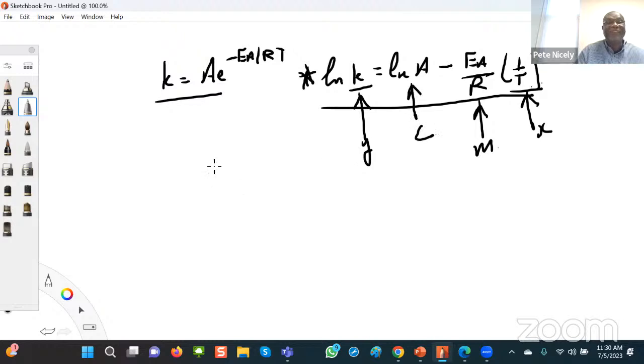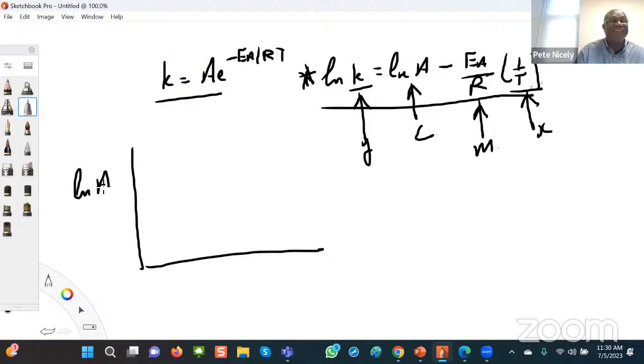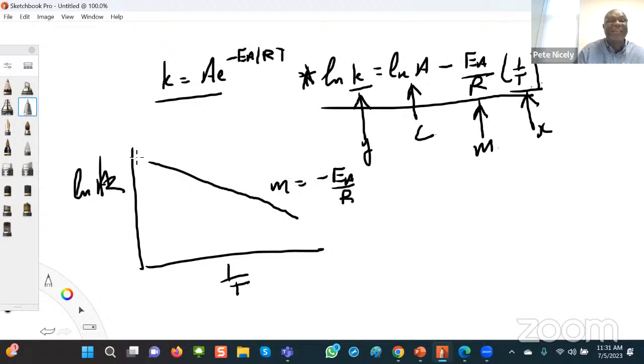So basically, you're going to get a graph which looks like this. If you plot ln K versus 1 over T on the x-axis, you're going to get a graph looking like this with a negative slope, where the slope would be equal to minus EA over R, and the intercept would be equal to ln A. All right?